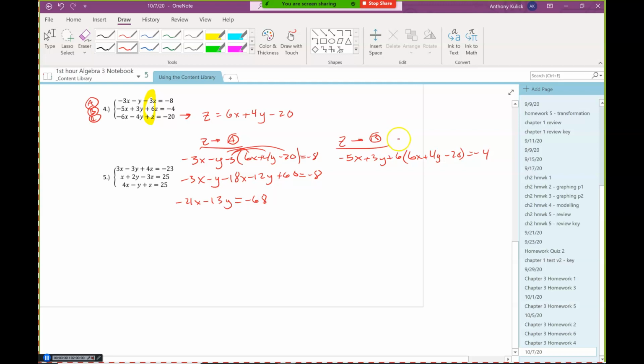And we'll do the same thing with the other equation now. So distribute that 6 through. And then we'll combine the x's, so -5x and 36x give us 31x. 3y and 24y give us 27y. And then I'll add that 120 over to the other side to get 116.